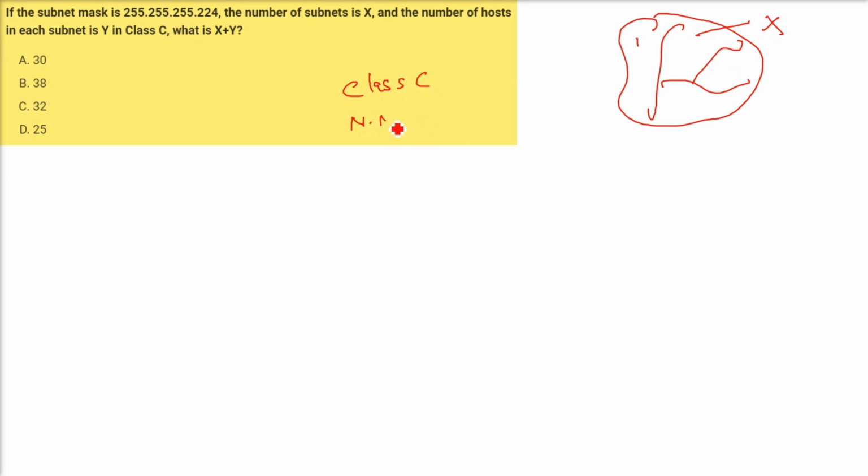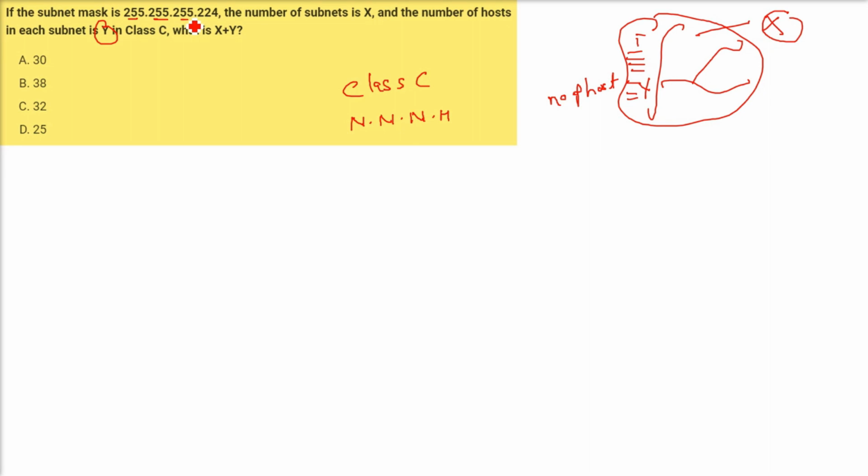The question is saying class C specifically, so every subnet will have Y hosts. What we have to do is find X plus Y, that is the number of subnets plus the possible hosts in one network.